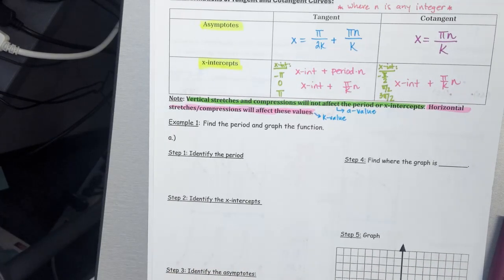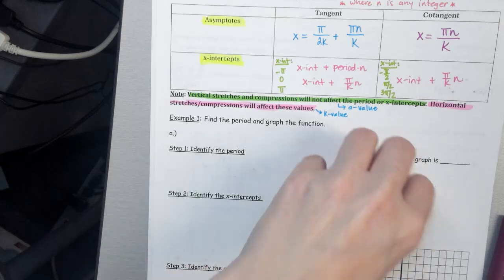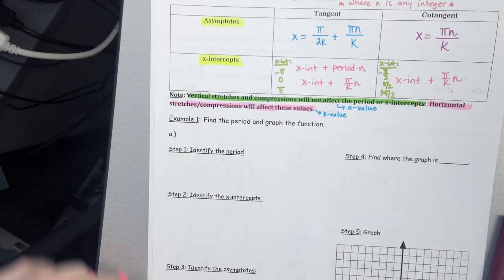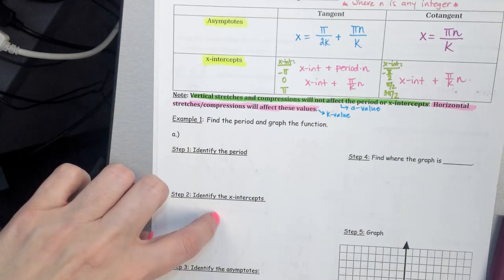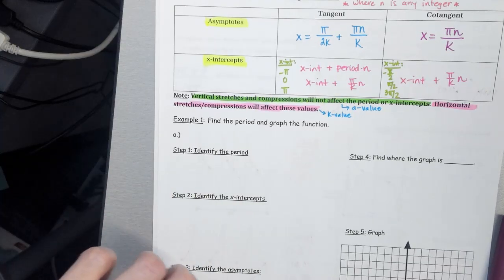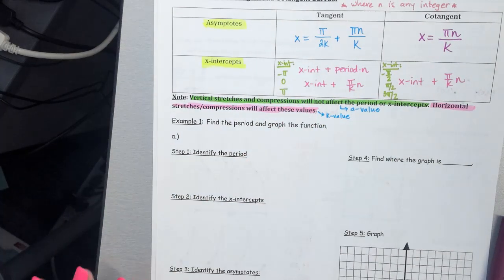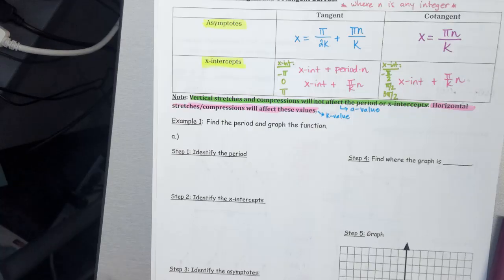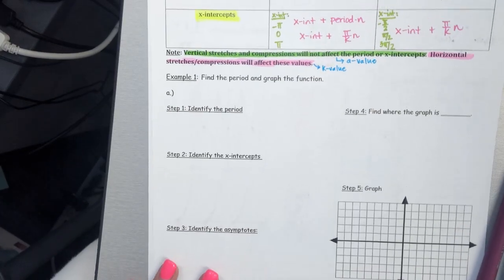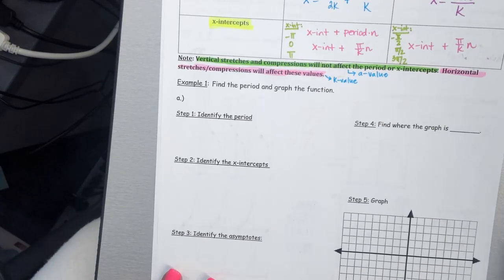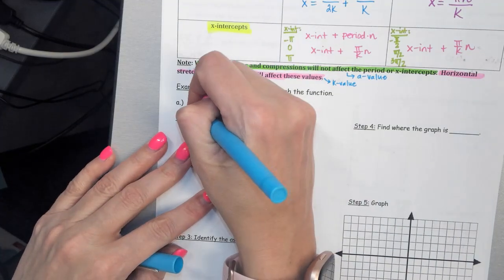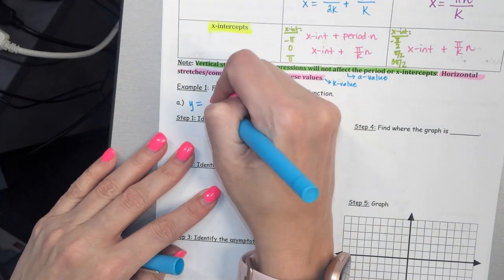So your directions just say find the period and graph the function. For your homework, you're going to have to identify different things given in these steps. You're going to have the period, you're going to have to say what the x-intercepts are, the asymptotes, and then where that other special point is. And we'll go over strategies for how to find that point as we work through different transformations.